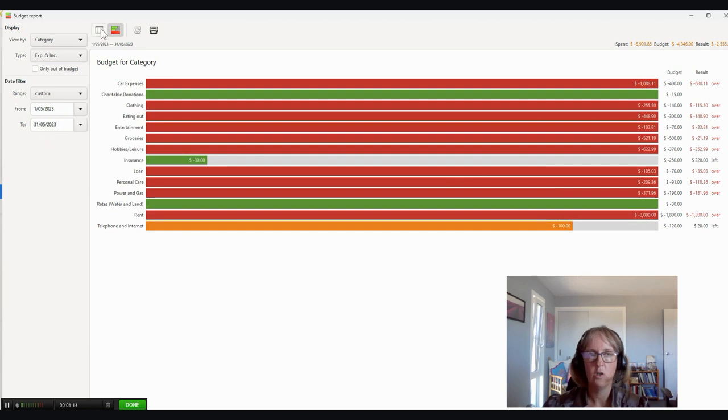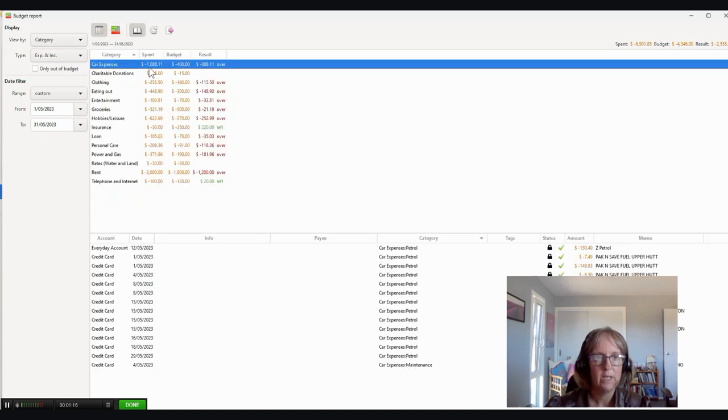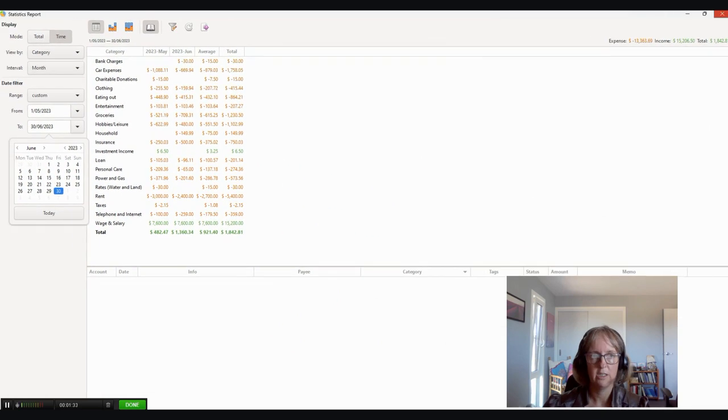Because if we look at it back in the table, we can see that their car expenses, we only budgeted for $400, but their car expenses are closer to $1,000. So we might want to readjust some of these budget numbers. One trick that you can fall into as well is making sure that the dates you choose for your statistics report are correct for when you're doing your budget.